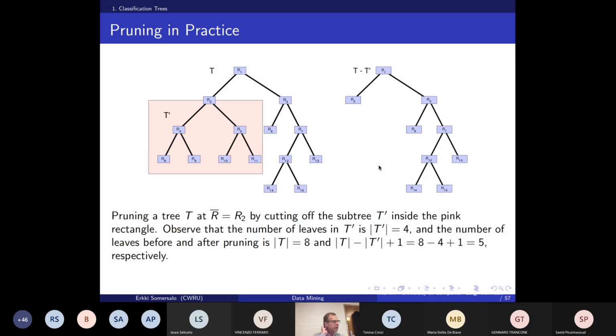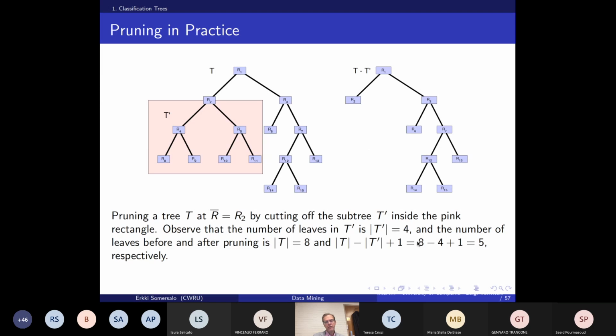If you think how you arrive at that number, you calculate how many leaves you had in your T prime tree. We have 4 there: 1, 2, 3, 4. So we are eliminating 4 leaves. We start with 8, we eliminate 4, we arrive at 4. But then we have to remember that this R2, which was previously not a leaf, becomes a leaf. So what I have is 8 minus 4 plus 1.